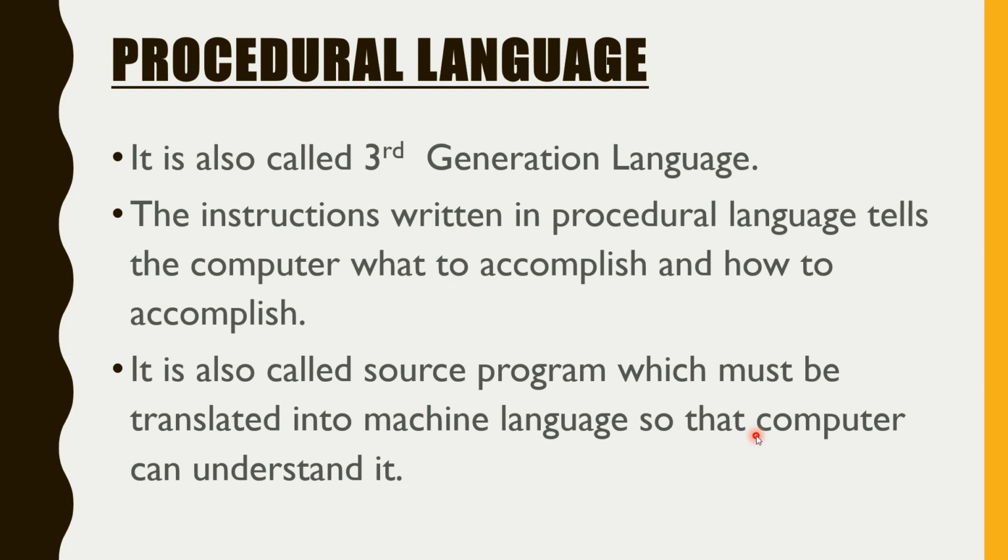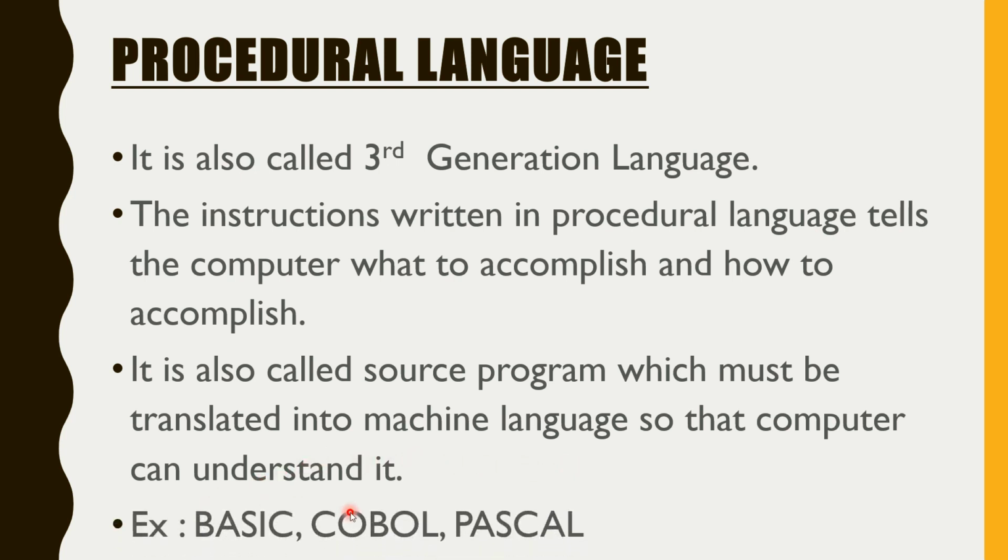Now, the procedural language is also called the source program, which must be translated into machine language so that the computer can understand it. For example, BASIC, COBOL, Pascal. Dear students, BASIC, COBOL, Pascal are examples of procedural language.